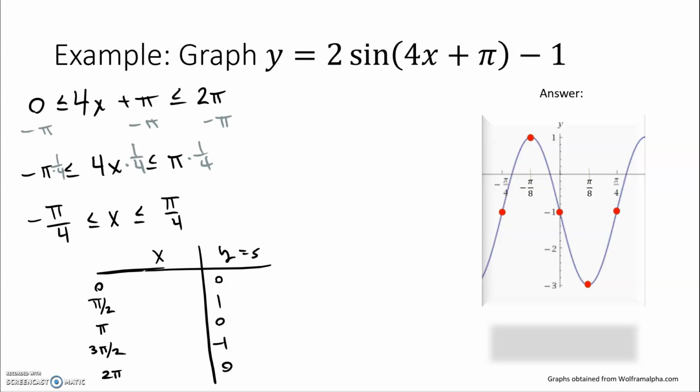And since y is sine, it starts at 0, and then 1, and then 0, and then negative 1, and then 0. So whatever we have done to these x's right here, we'll do to each one of these x's as well. So I'm going to first subtract pi from all of these.